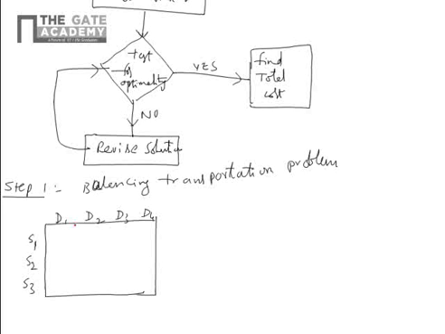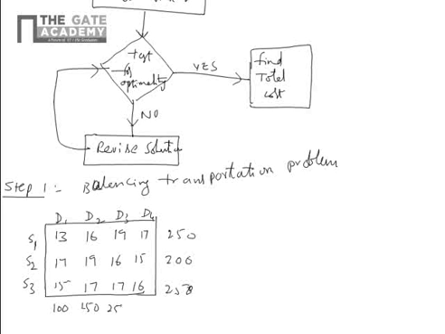The transportation costs are 13, 16, 19, 17, 17, 19, 16, 15, 15, 17, 17, 16, and the supply quantities from the suppliers are 250, 200, 250, and the demands are 100, 150, 250, 100.